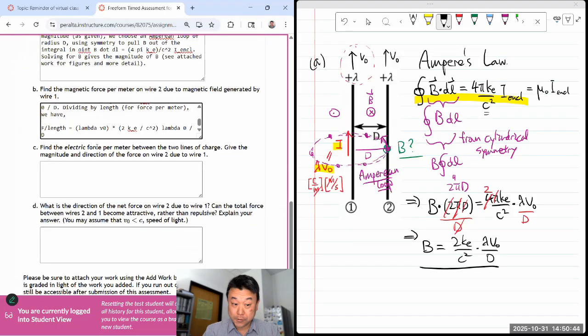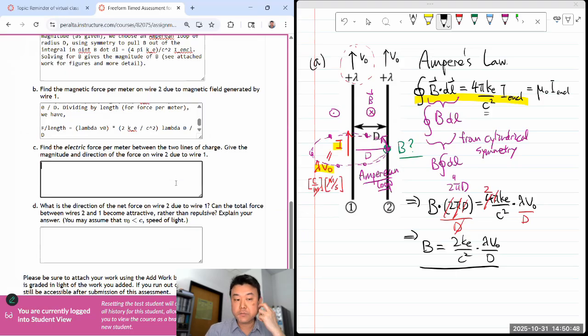Find the electric force per meter between the two. Oh, okay. So here's where you can appeal to formulas you have memorized. I have the formula for a line of electric field memorized, which is E is equal to 2 ke lambda over distance.